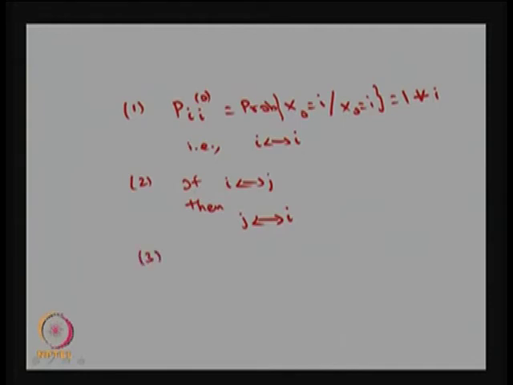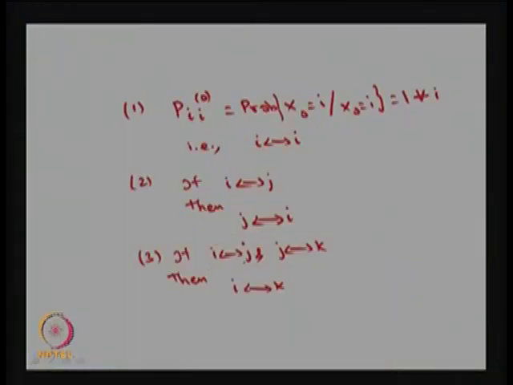The third one, if i communicates with j and j communicates with k, then we can conclude that i communicates with k. This relation is called transitive. So, communicate satisfies the reflexive property, the symmetric property as well as the transitive property.